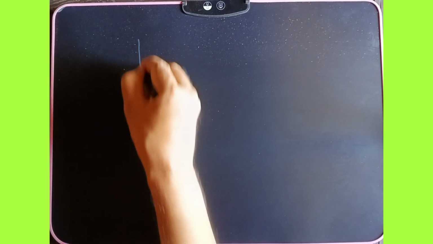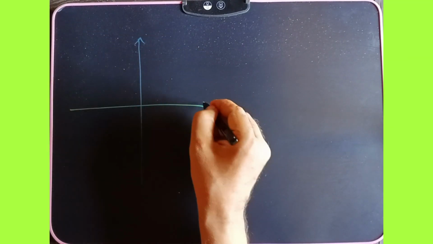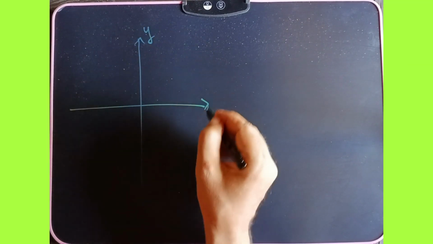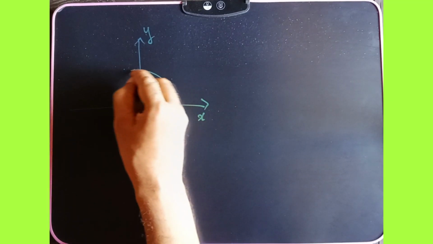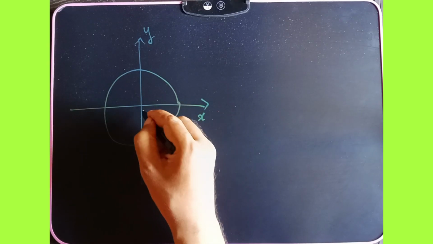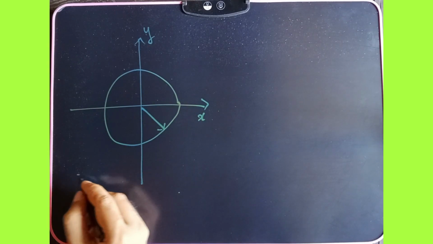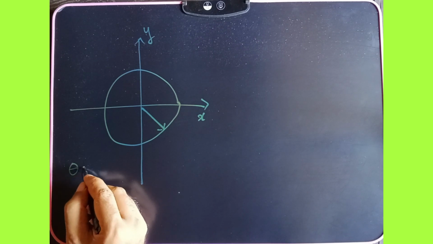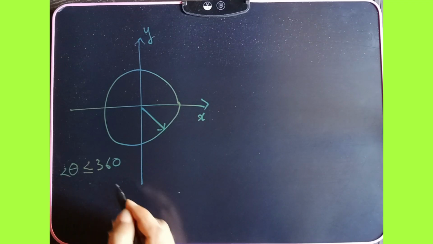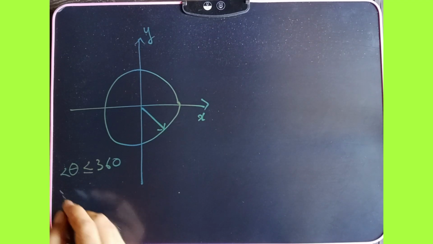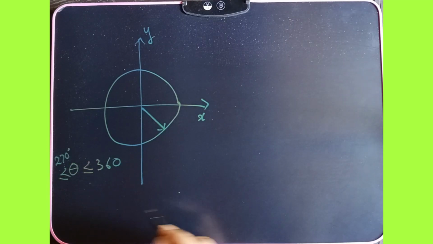I'll take the triangle a little on the left, so it becomes easy to write this side. This is the circle, and this is the angle subtending, where theta is less than 360 but greater than or equal to 270, right?